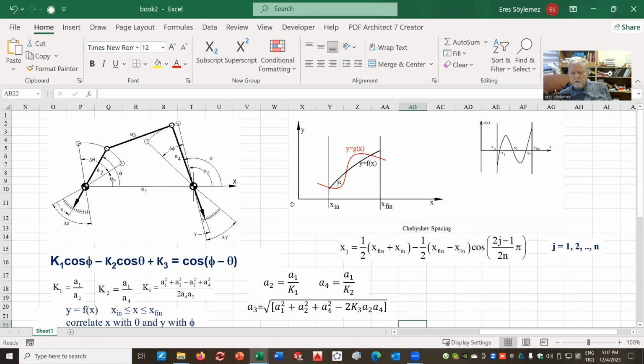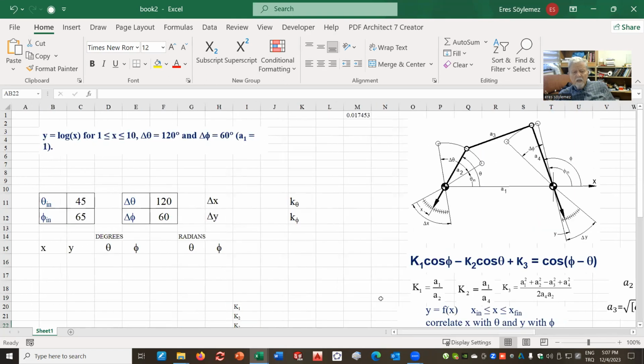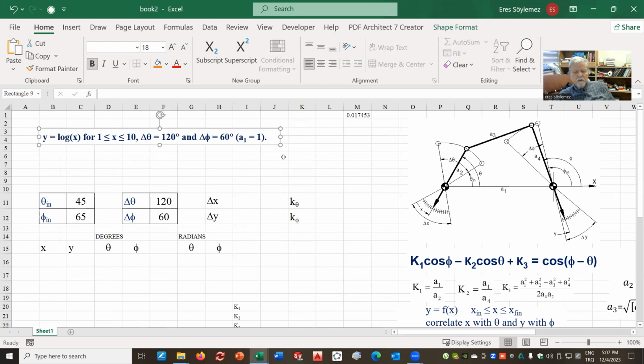Now, what I will do is give an example for the synthesis. First of all, let us start with 3 precision point synthesis. I will solve y equals log x for x between 1 and 10.